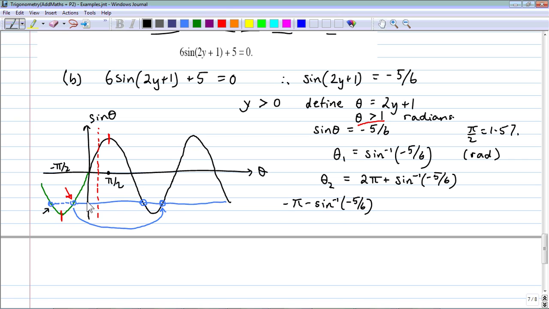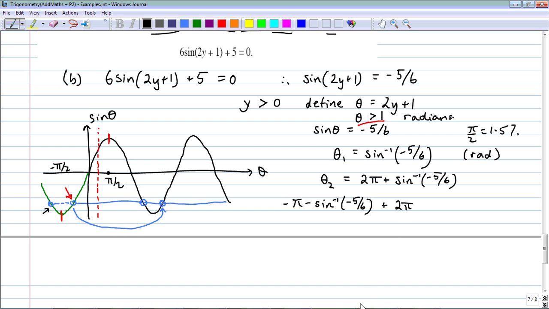So this is a negative number. If we add that number, so make it positive and add it to minus pi, we're going to get the other answer plus 2 pi.